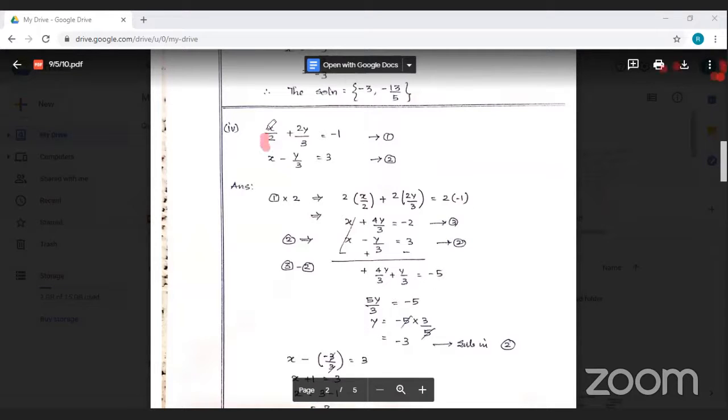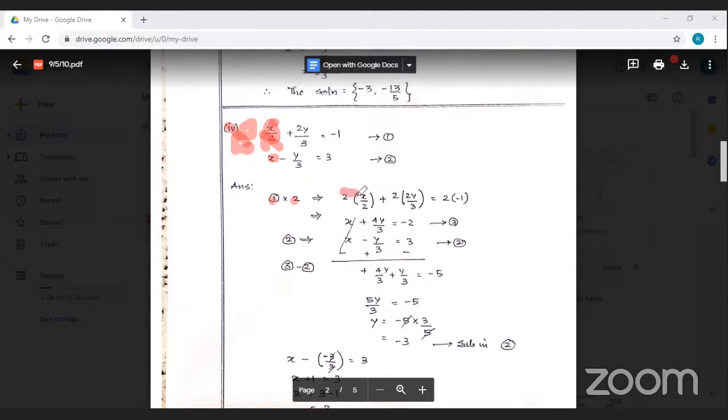If you multiply this one by 2, the 2s will get cancelled and only x will come. Therefore, I am multiplying the equation 1 by 2.